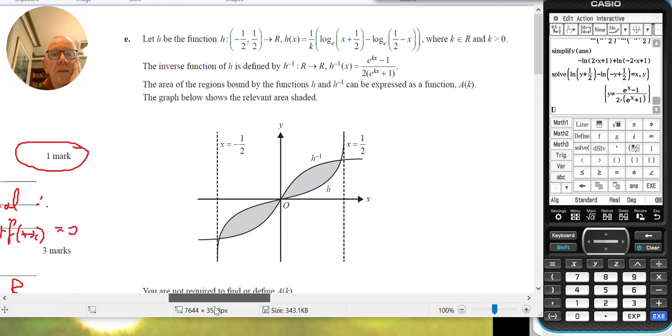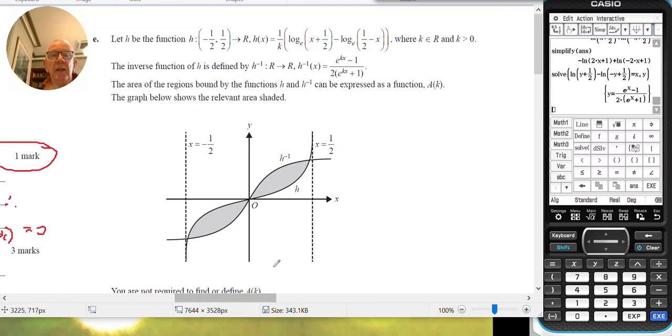And lucky last, let me have this function here where I have the same domain, but I've got 1 on k log base e of the same function, and the inverse is e to the kx. The area of the region bound by the functions h and h negative 1 can be expressed as A of k.